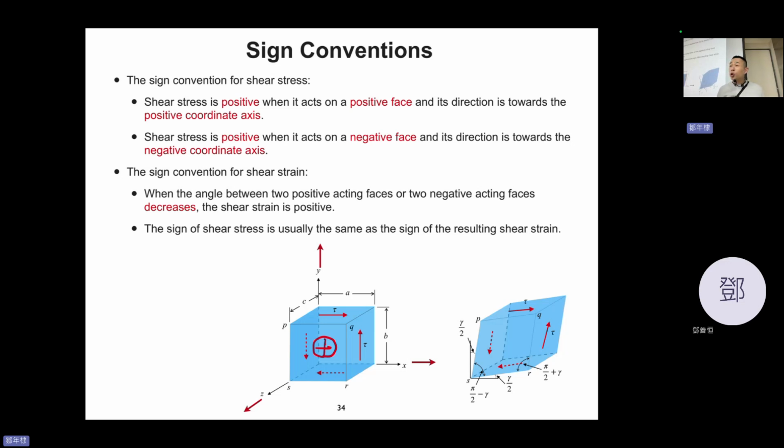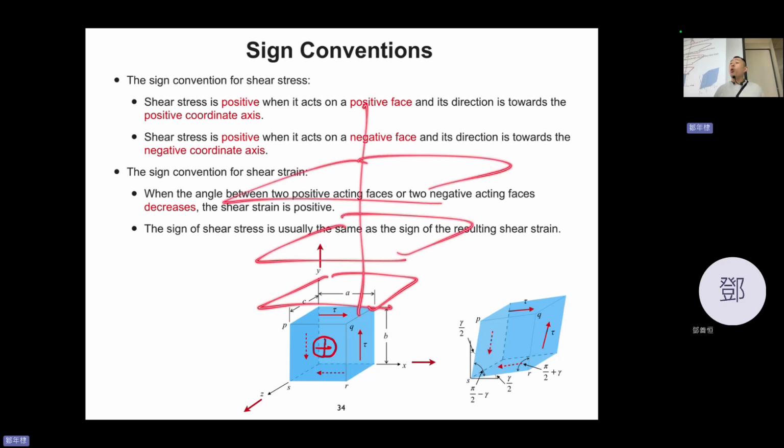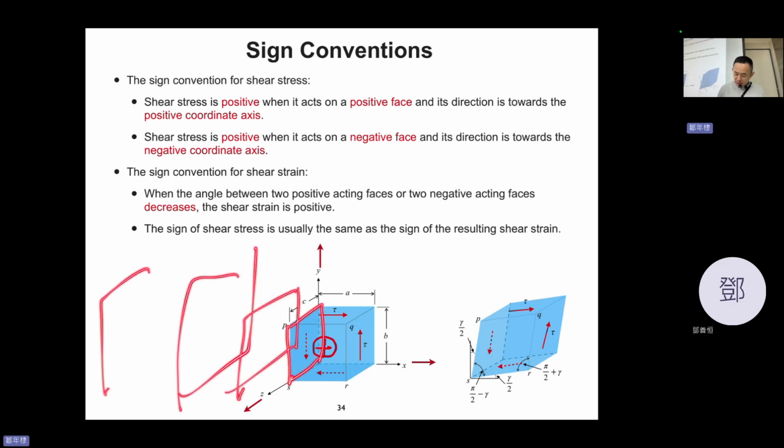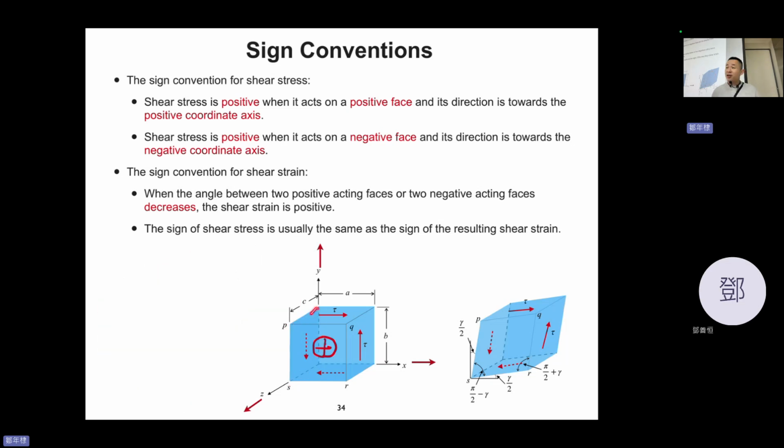This surface goes to which direction? Positive x direction. If you enlarge this part of the volume, this surface goes to positive y direction. But this surface, if you enlarge this, goes in the negative x direction. So this surface is a negative surface, and this surface is a positive surface.